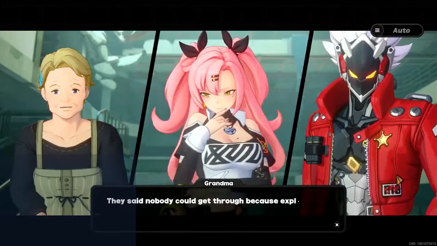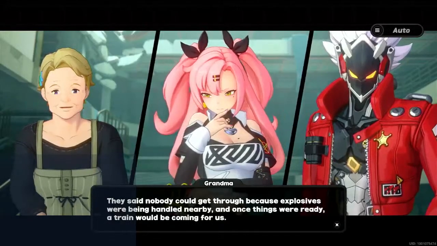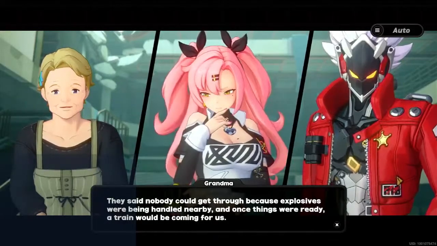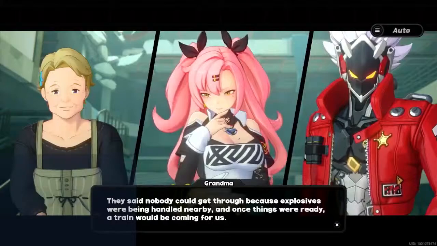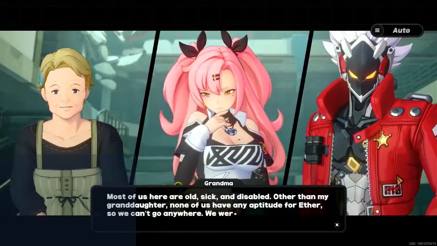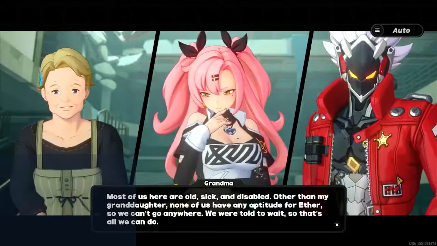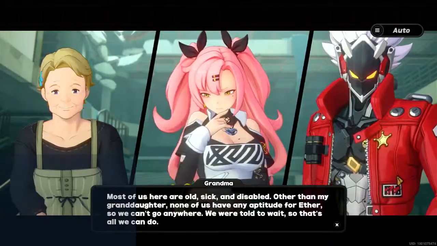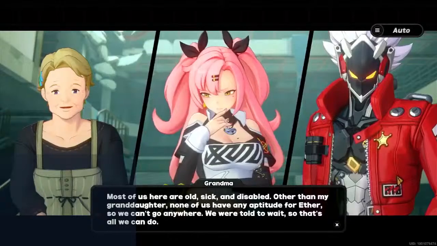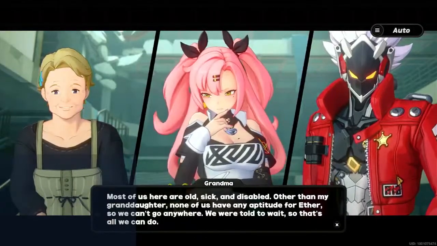They said nobody could get through because explosives were being handled nearby. And once things were ready, a train would be coming for us. Most of us here are old, sick, and disabled. Other than my granddaughter, none of us have any aptitude for ether, so we can't go anywhere. We were told to wait, so that's all we can do.